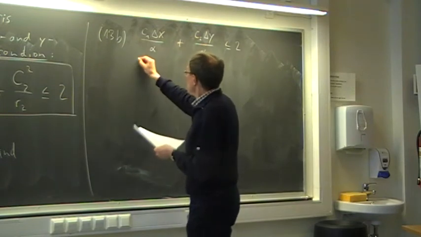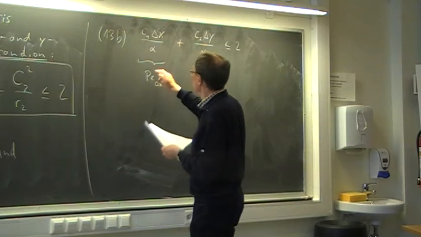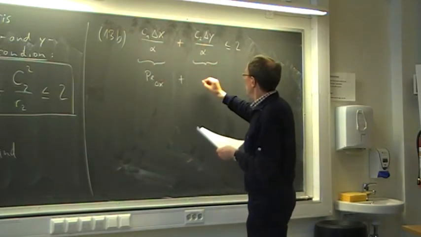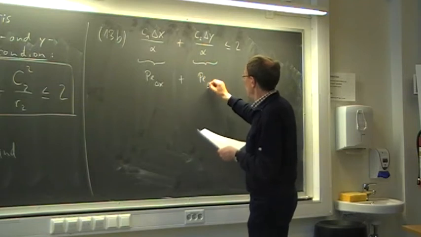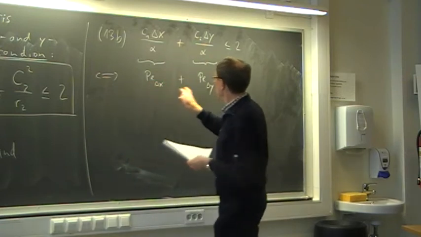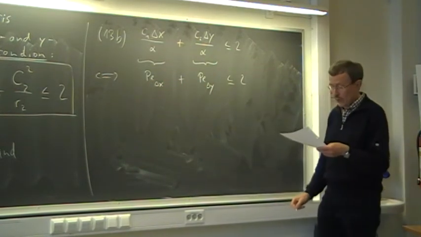And this term here, the acronym, is the Cell-Peclet number. So that is the definition, and that is the definition of the Cell-Peclet number in the y direction. So this is then equivalent to saying that the sum of the Peclet numbers should be smaller or equal than 2.